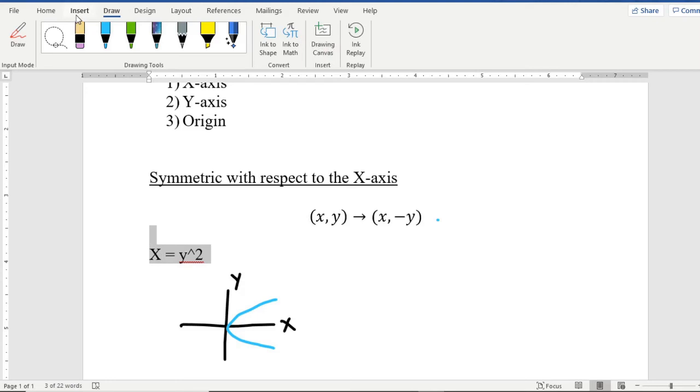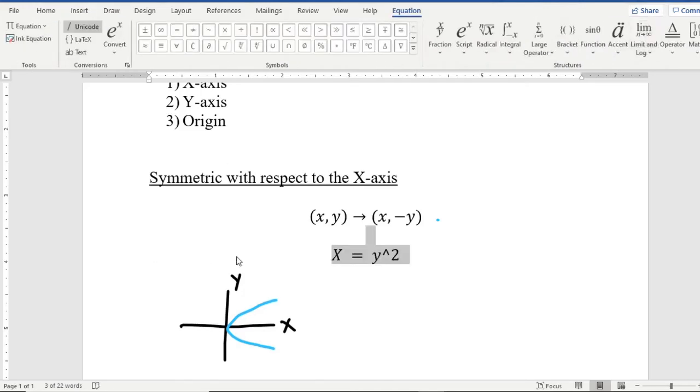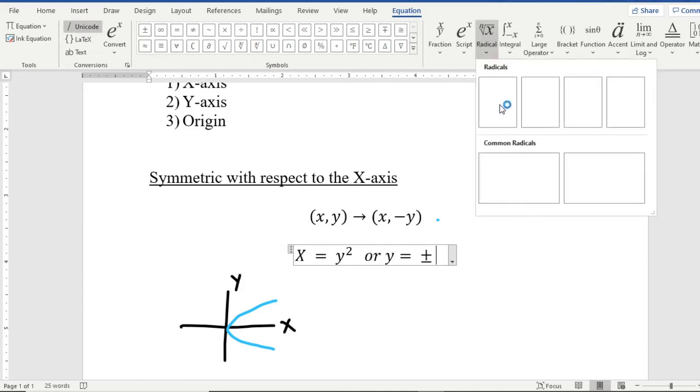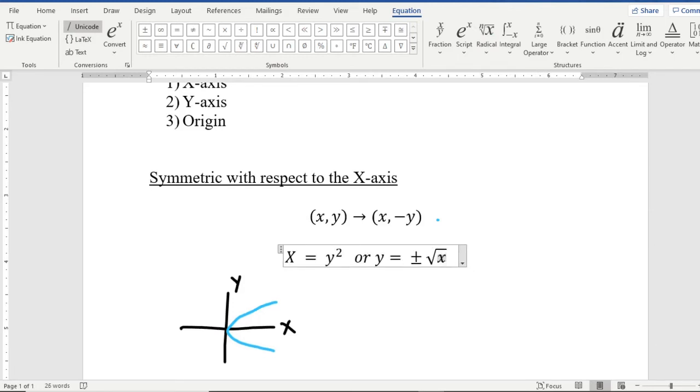Another way of writing that actually is y equals the square root of x, the plus and the minus square root, or y equals plus minus the square root of x. In order for it to be symmetric, we'd have to have the positive and the negative of it. Okay. So that's for the x.